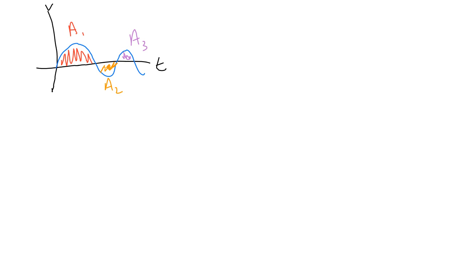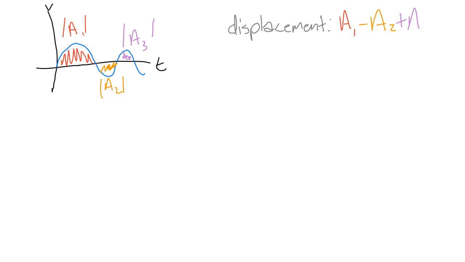So what we mean here is that these are absolute values for area. Like how much space is in there, not necessarily whether it's above or below. So if we have displacement, that is whenever we have A1 minus A2 plus A3.